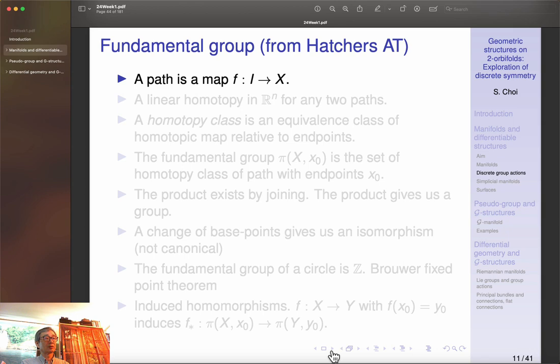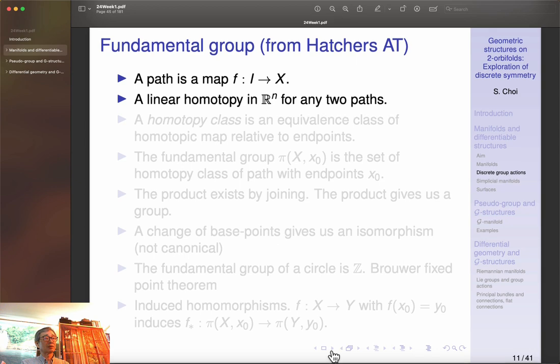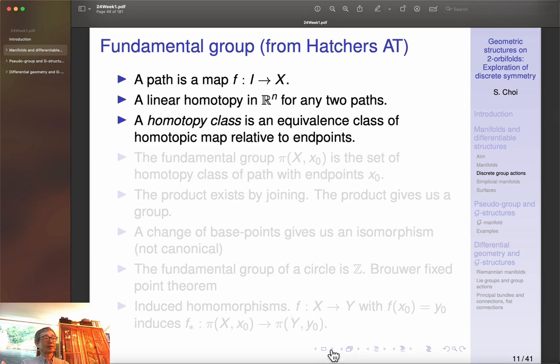So let's recall what the fundamental group is. A path is a map F from I to X, where I is the interval from 0 to 1. For any two paths in Rn, there's a linear homotopy. So Rn has no interesting group. Then we take homotopy classes, the equivalence classes of homotopy relative to endpoints.